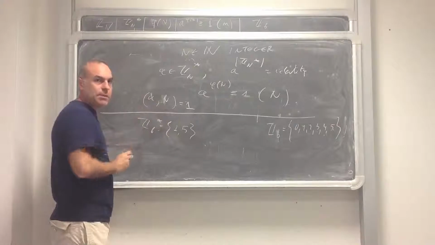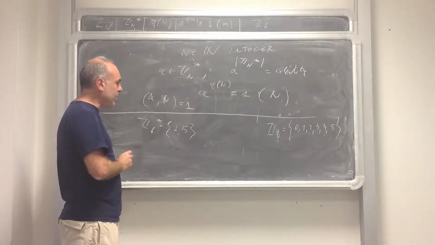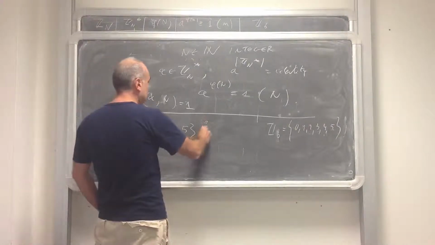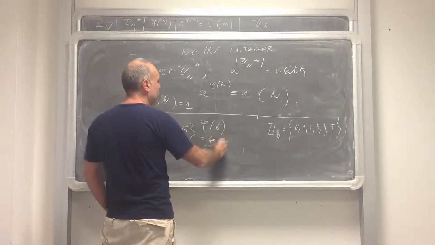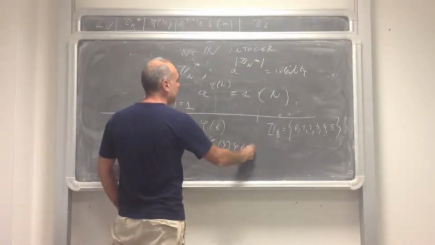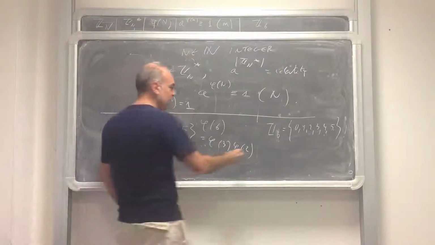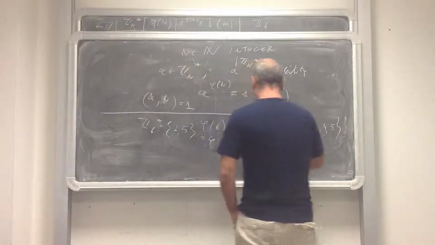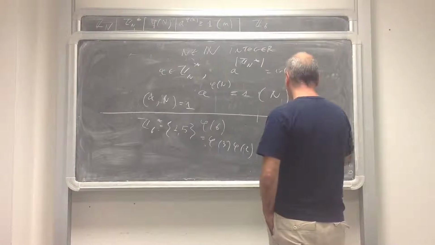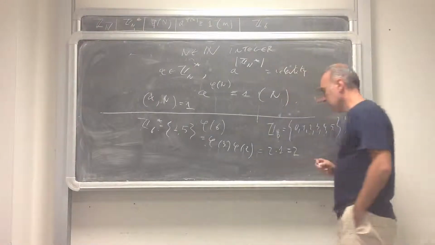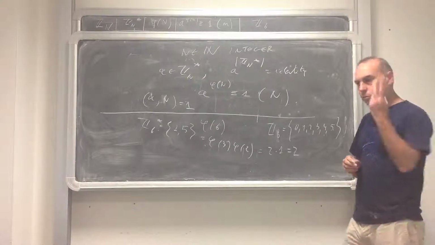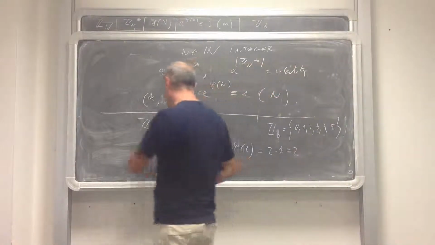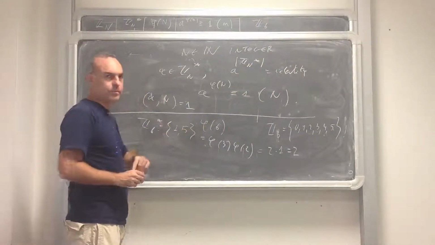Now we have two numbers, 1 and 5. Now what about phi of 6? Phi of 6 is phi of 3 times phi of 2, so 2 times 1, 2. And indeed, it has the right number of elements. There are only two numbers in Z6 which are coprime to 6, 1 and 5.